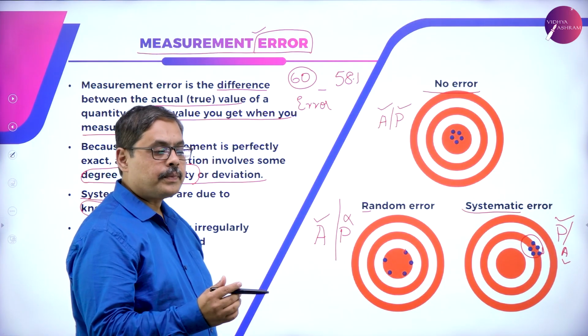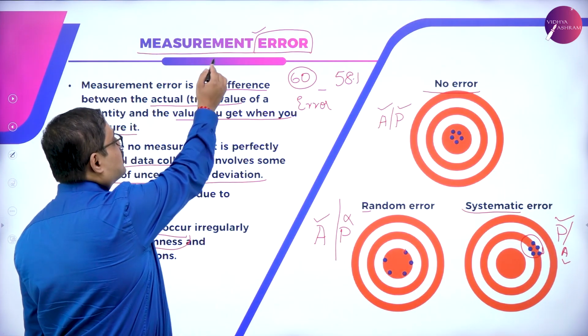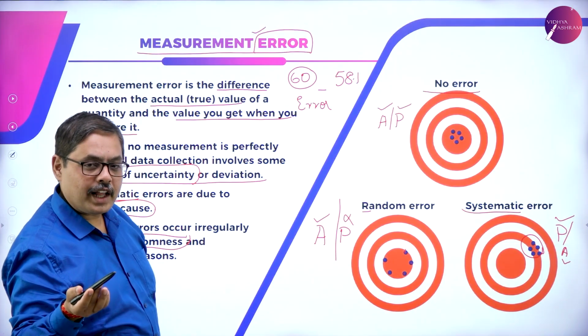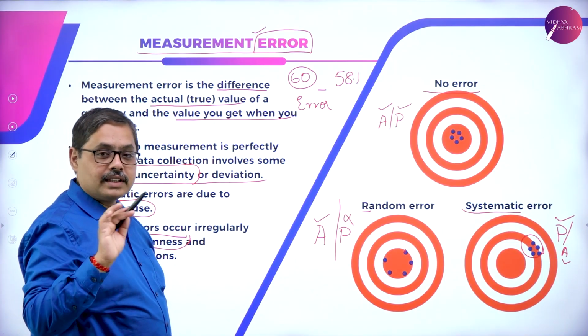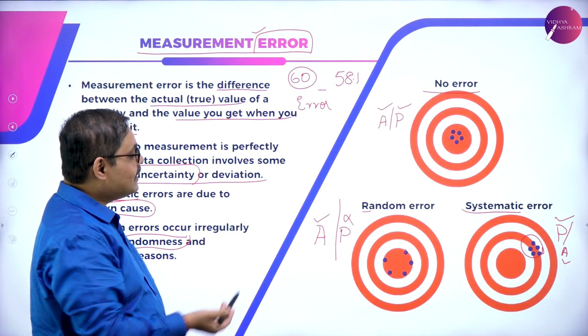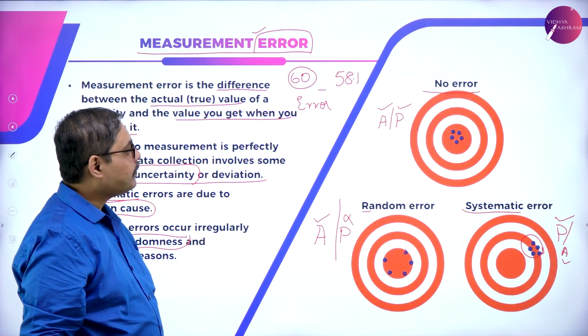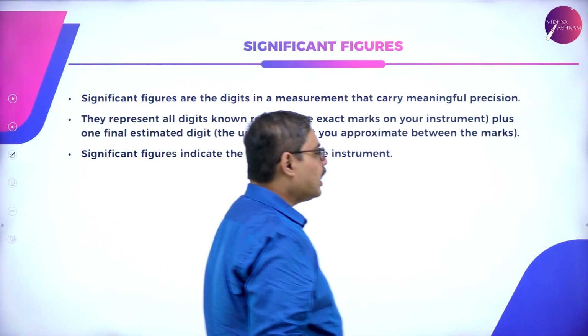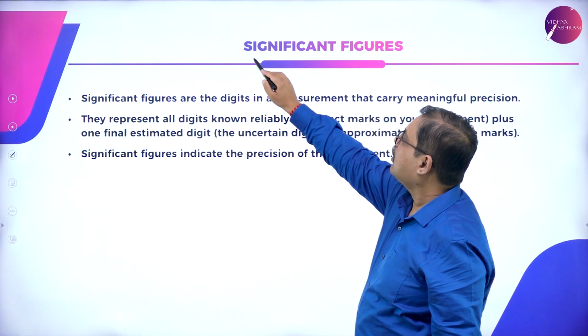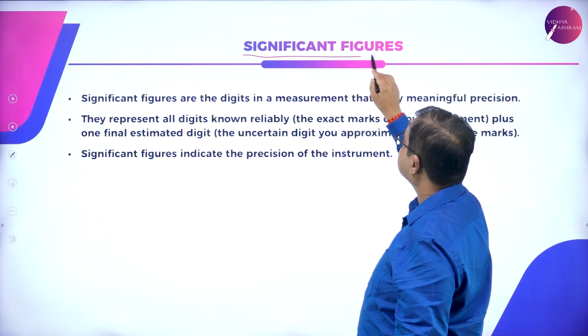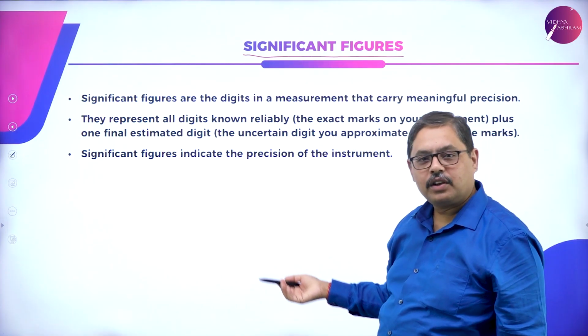So what is measurement error? Measurement error is the difference between true value and the measured value. There are two types of errors, the systematic error and the random error. Let us move on and come to one more important topic called significant figures. We spoke about accuracy.